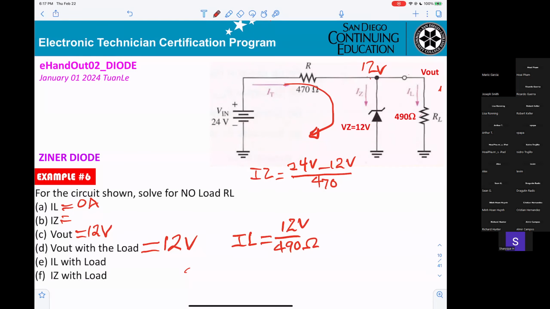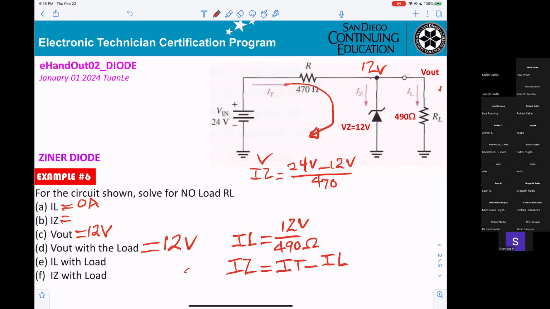Okay. And IZ. IZ, you can look into that: I total minus I L. I total we already calculated here.